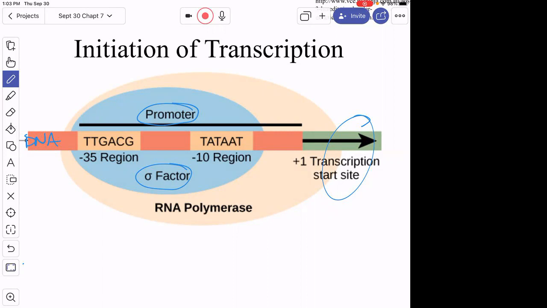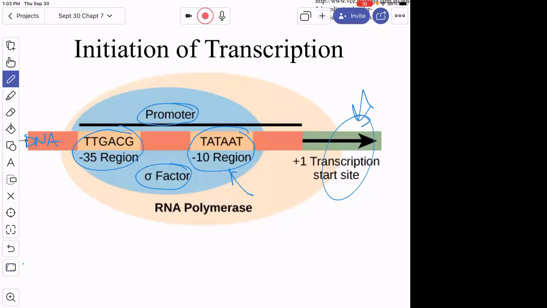And the other regions that we talked about, this -10 base pair region and the -35 region. So when we say minus, that means upstream of where transcription starts. We think those are two regions that are especially important for the RNA polymerase to recognize to bind tightly. And remember, we had a special name for this -10 region, the Pribnow box.